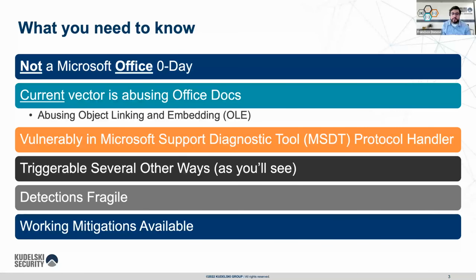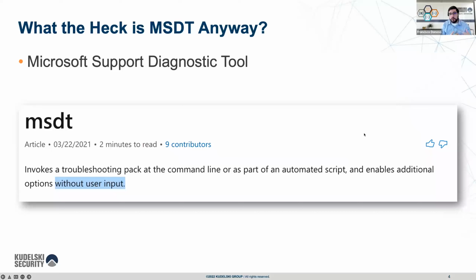So before we dive into the technical nitty-gritty of how this works, I'll go ahead and just dive into a few things that are important to know so that we have a good understanding about how this vulnerability is being abused and how it works.